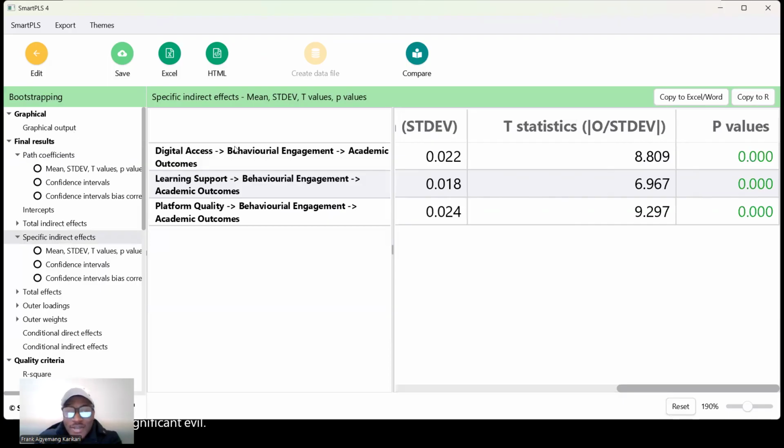So in that case, the behavioral engagement is partially mediated, because already the direct effect is giving us a p-value which is already significant. Is that right? So we can say that everything here is partially mediated based on the data that we have. Okay. That is how it is. So this is partial mediation.